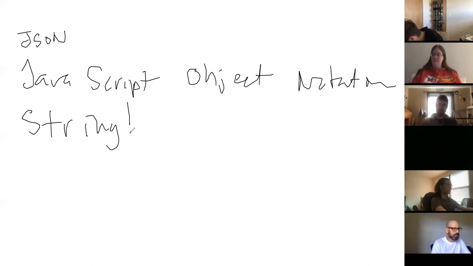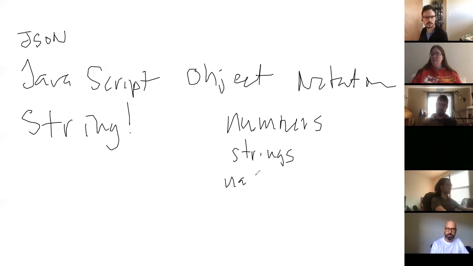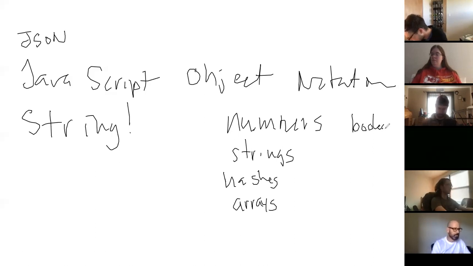And the idea is that it can hold various types of data, such as numbers, strings, hashes, arrays, booleans, nulls. Null is like a nil.